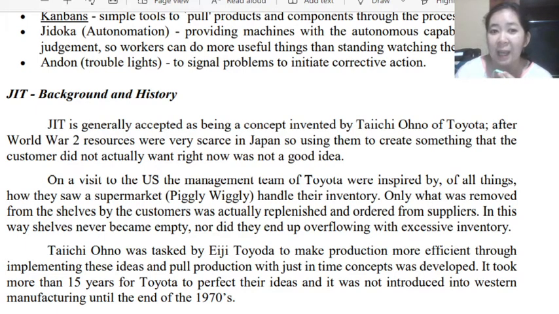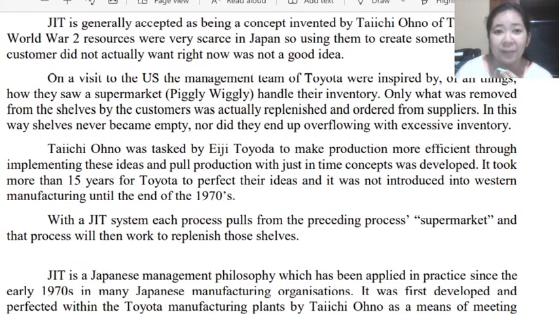So in this way, shelves never became empty, nor did they end up overflowing with excessive inventory in their storehouse or in their warehouse. So Taiichi Ohno was tasked by Eiji Toyoda to make production more efficient by implementing these ideas, okay, that they had seen in the US.